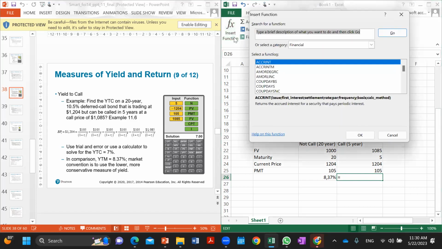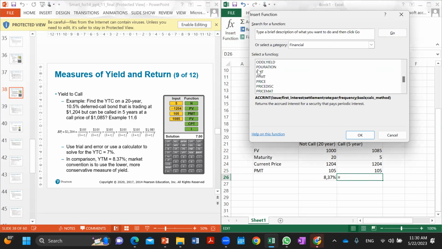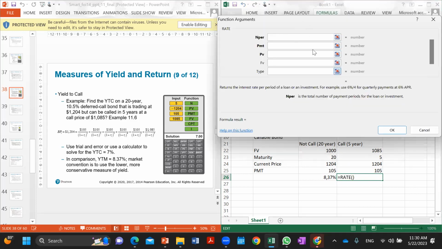So we go to function, choose financial, go to rate. We put in the data: nper means the maturity, only 5 years. The payment is the same, the coupon payment. The present value is the negative of the current price, and the face value, or future value, is $1085.